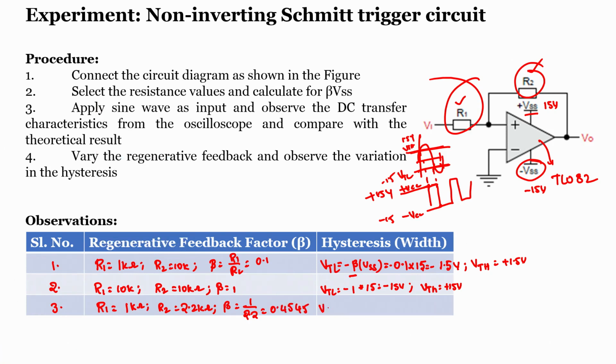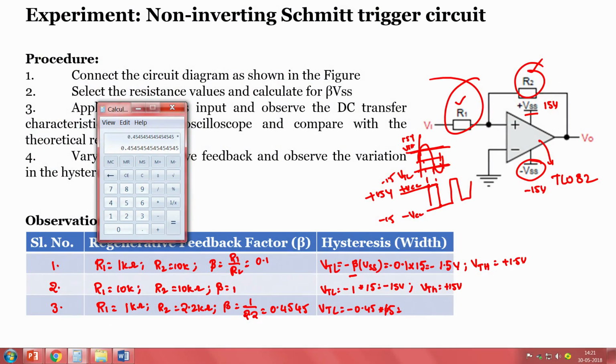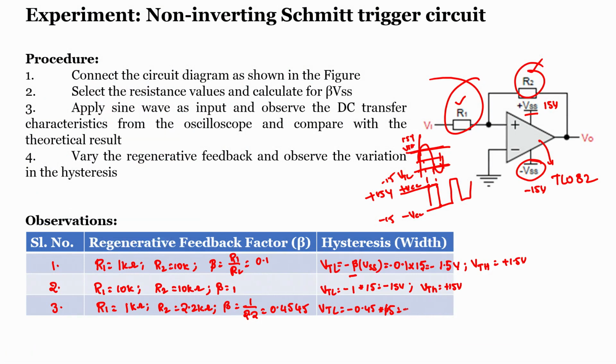Now, what about VTH and VTL? VTL is minus 0.4545 into 15, which gives minus 6.818, so the lower threshold is minus 6.818 volts and similarly the higher threshold will be plus 6.818 volts, right. We will verify the same thing using simulation first.